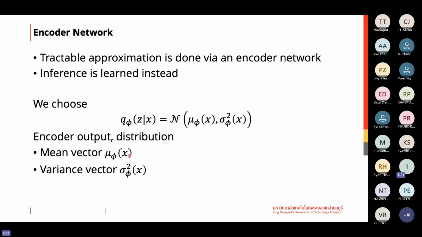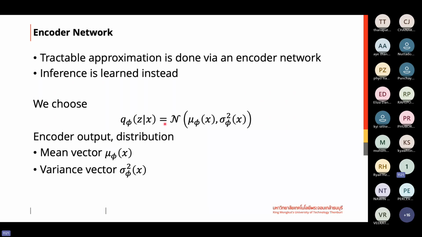Okay, so the inference is learned. Basically we are saying that we are trying to learn the inference. We are not going to compute it using some formula. We just train it through the same method. That means we choose this encoder Q(C|X) and say that it has a normal distribution, a Gaussian distribution, with mean mu_phi(x) and variance sigma squared_phi(x).